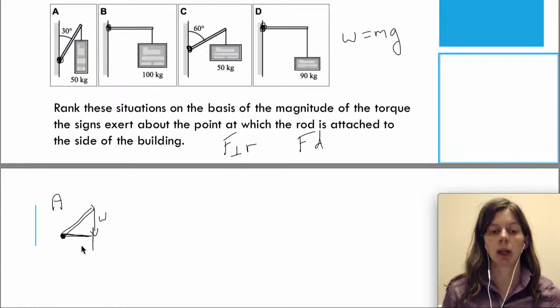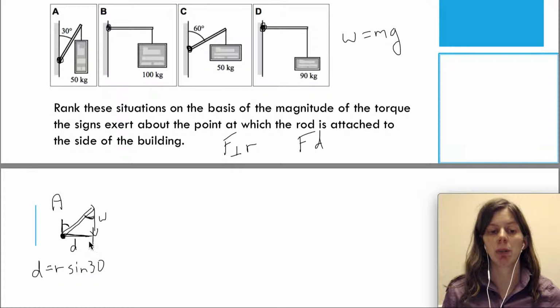It hits it perpendicularly. That's d. And we have this angle over here, so it's the same one as this one. That's 30. So you can see that d is going to use the sine of the angle. So d is going to be r sine 30.